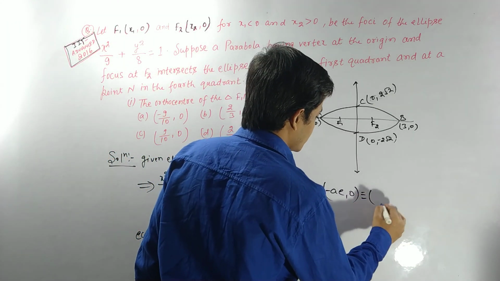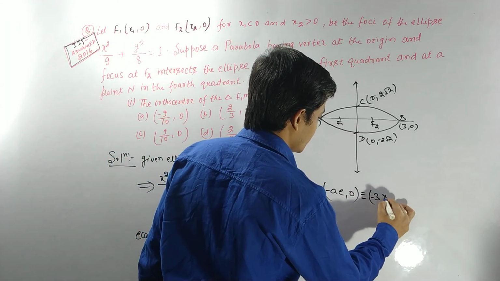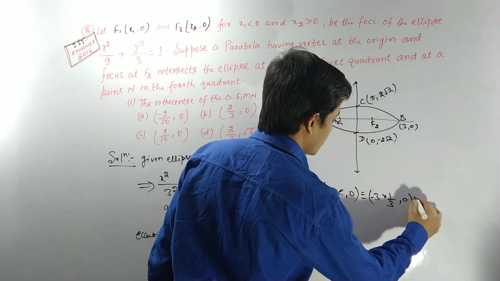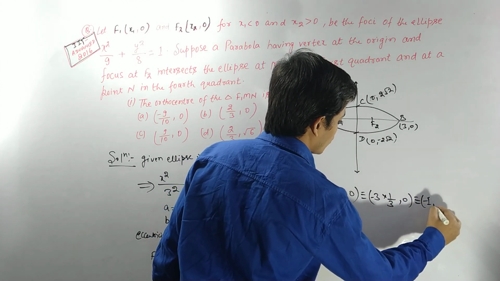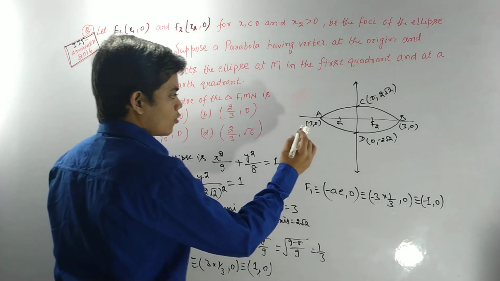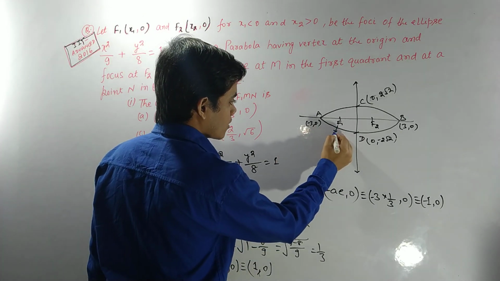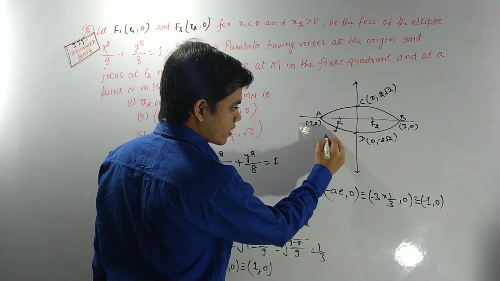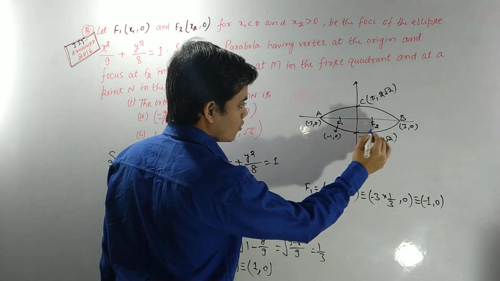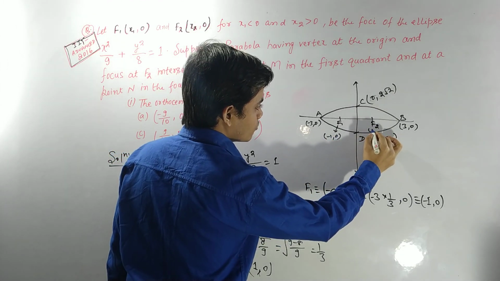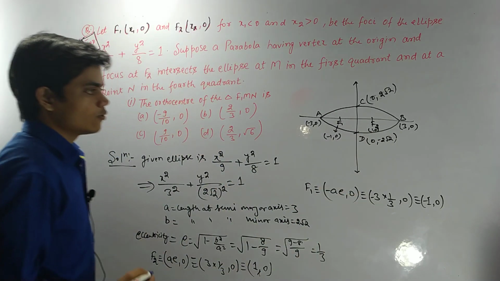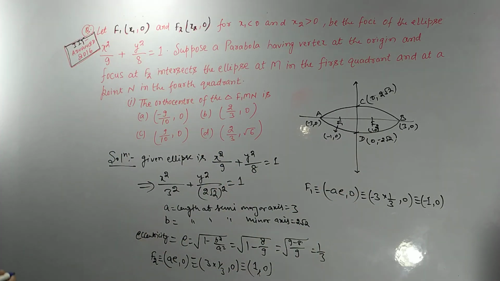Certainly a is 3, minus 3 into e is 1 by 3, comma 0, so it will give you (minus 1, 0). So here we have the coordinates of F1 as (minus 1, 0) and of F2 as (1, 0).